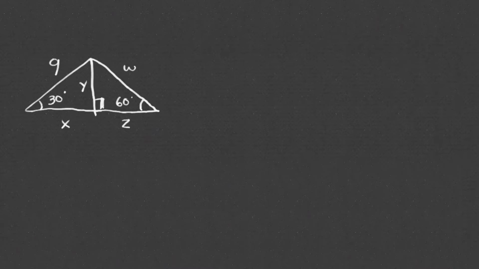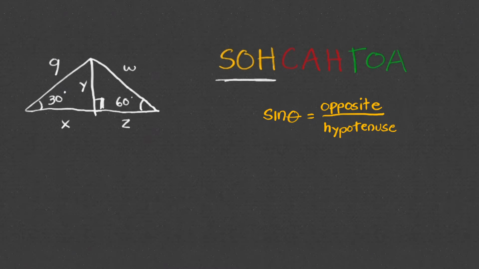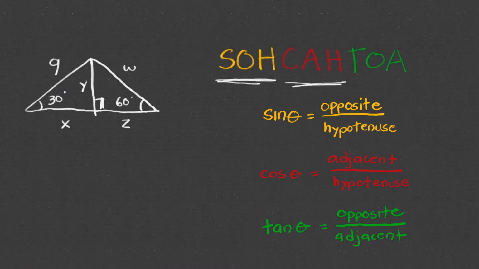In solving these triangles, we need to take note of the mnemonic SOHCAHTOA. The SOH represents sine theta is equal to opposite over hypotenuse, the CAH represents cosine theta is equal to adjacent over hypotenuse, and the TOA represents tangent theta is equal to opposite over adjacent.